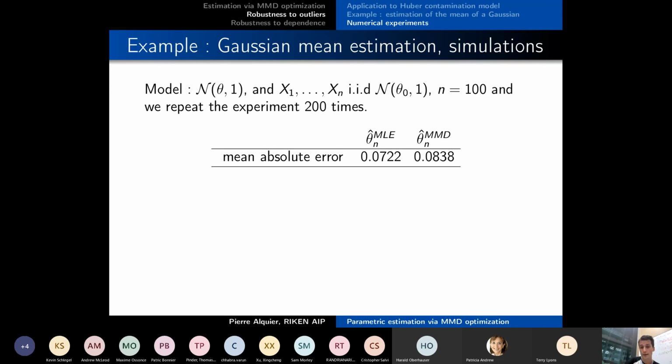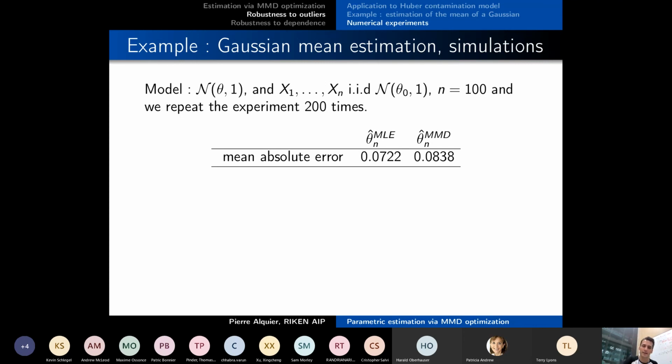When the truth is in the model, so there are no outliers, the mean absolute error of the MLE is 0.07 and of the MMD is 0.08. This is expected, because there is a nice theory of maximum likelihood estimation which tells you that asymptotically the MLE is optimal. It has the smallest variance when some assumptions are satisfied, and these assumptions are satisfied in the Gaussian model when it is well specified.